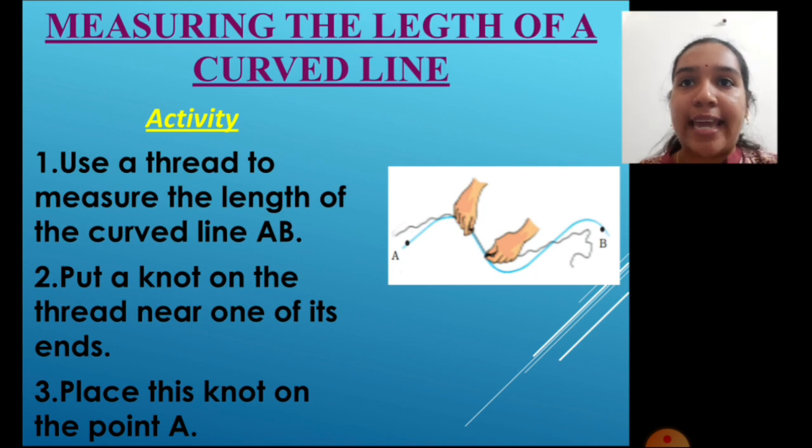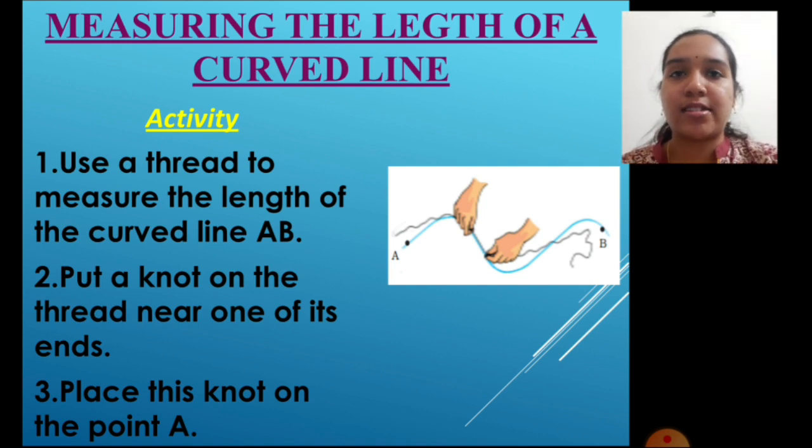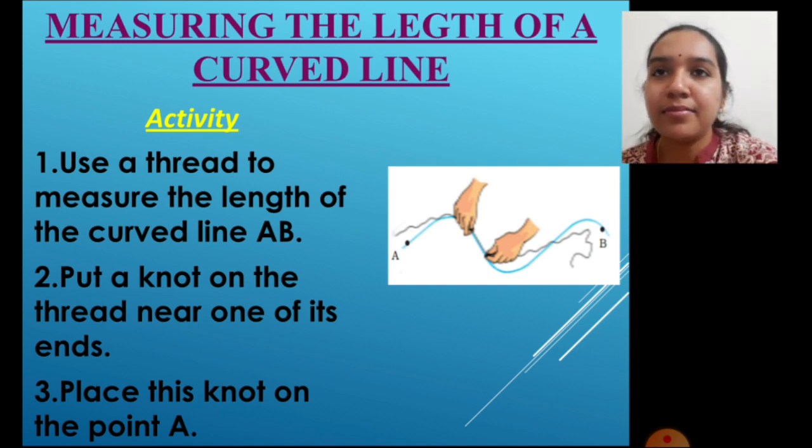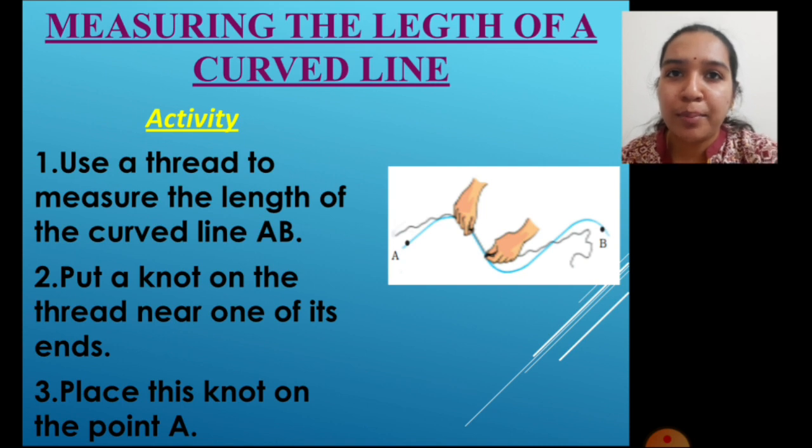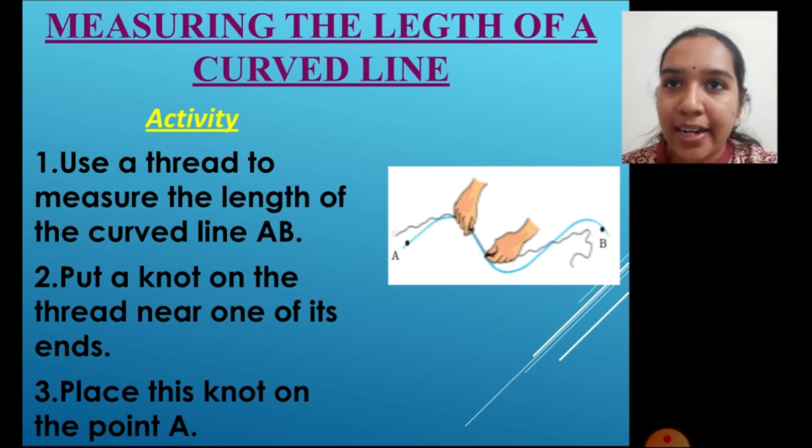Then take a thread and put a knot on the thread at one of its ends. Now you will put the knot on point A. That means you will place the thread end with the knot at point A of the curved line.